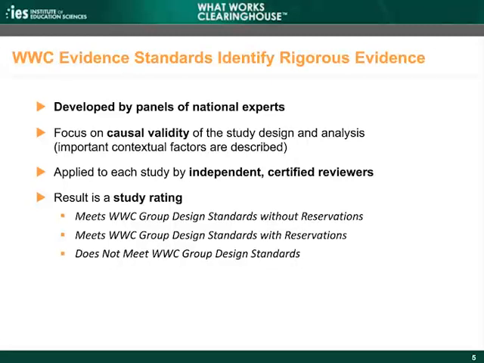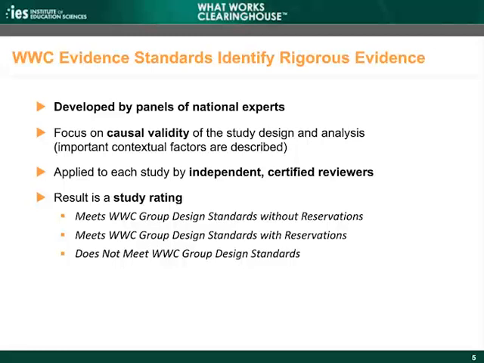The standards are applied by trained and certified reviewers to each study and ultimately are used to assign one of 3 ratings. The highest rating, meets WWC group design standards without reservations, is reserved for studies with the highest degree of causal validity, such as randomized controlled trials with low attrition.